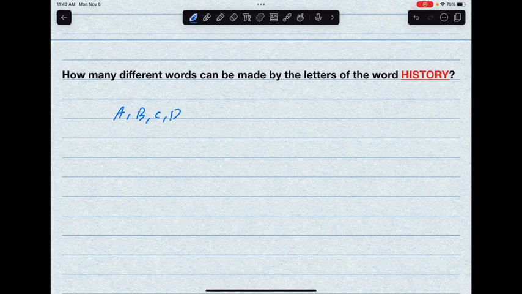Here we can repeat the letters if there's no restriction on the problem. So how many 4 letter words? If there is no repetition, it's just 4 times 3 times 2 times 1. If there's no restriction, it's just 4 factorial.